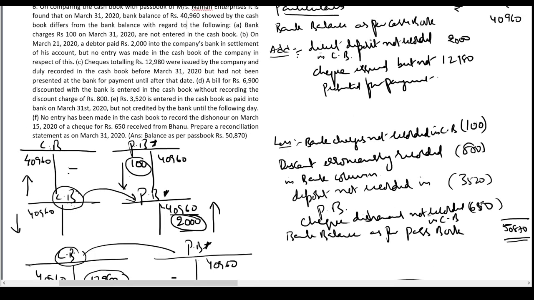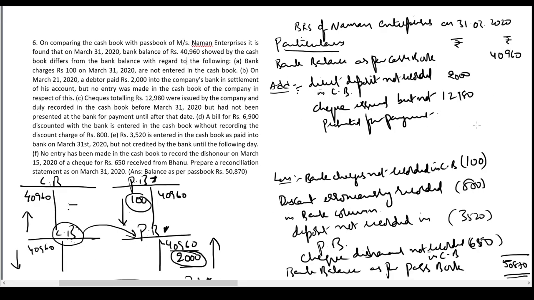Now let us complete our statement. So the total of the add items is 14,980. Now it will be 0, 14, 1, 19, 1, 5, 5.